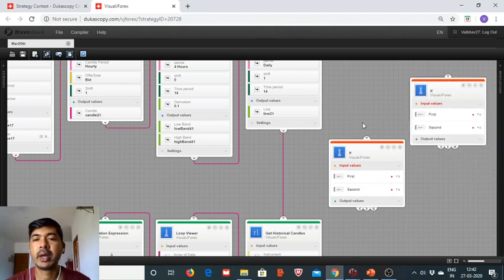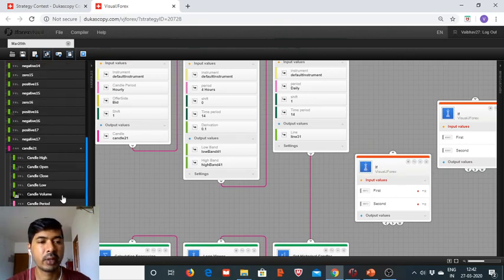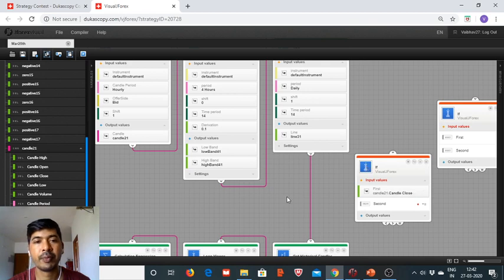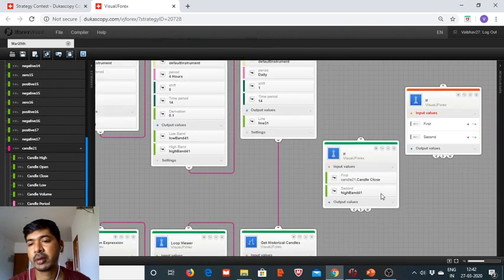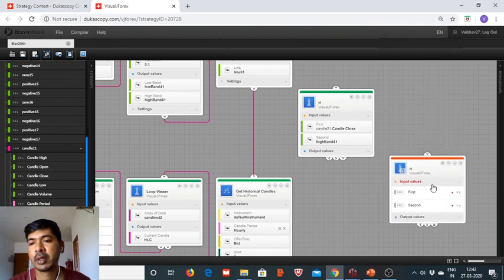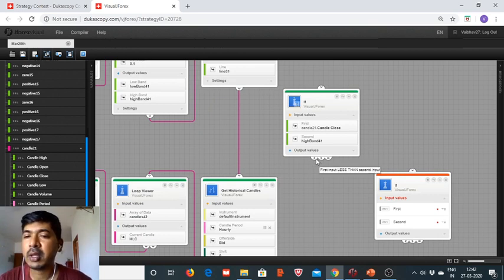The requirement is now that the last candle close should be below the high band, so we bring in the candle 21's close, which should be below the high band for the sell trade. So here is candle close below the high band.